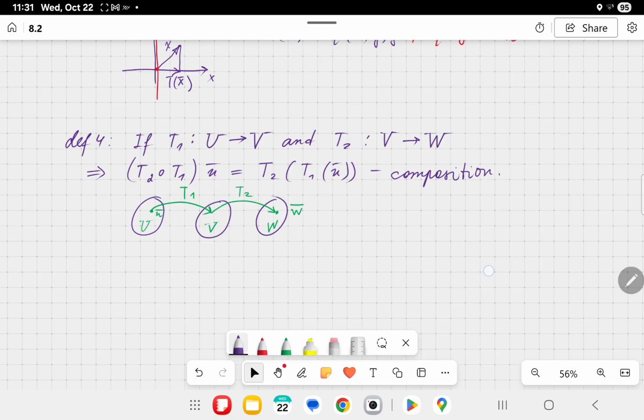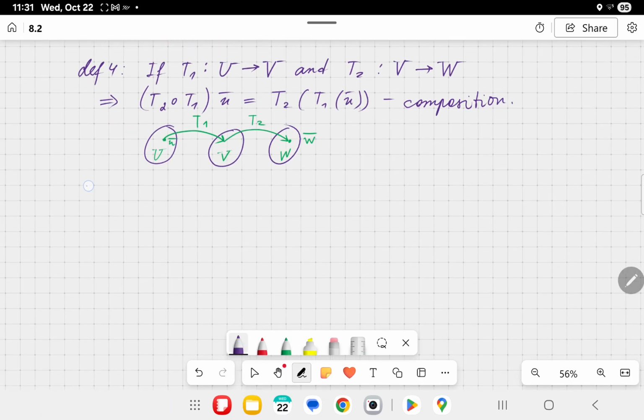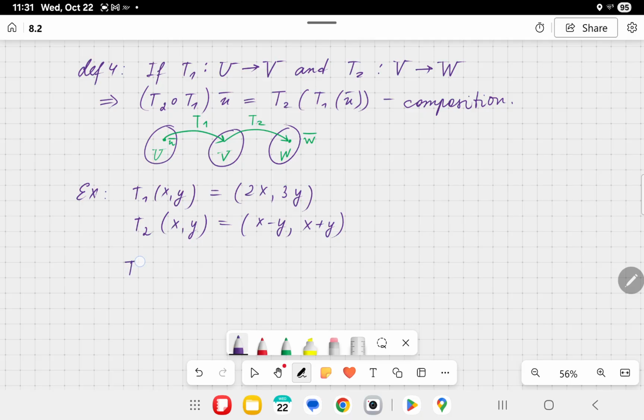So composition is just the application of one transformation over another one. Let's do an example of compositions. Let's consider transformation 1, on the two-dimensional space, which is just multiplication of the x coordinate by 2 and the y coordinate by 3. Transformation 2, on the two-dimensional space, is going to do x minus y and x plus y. Well, these are just the formulas for the transformations. So how is the composition going to look?